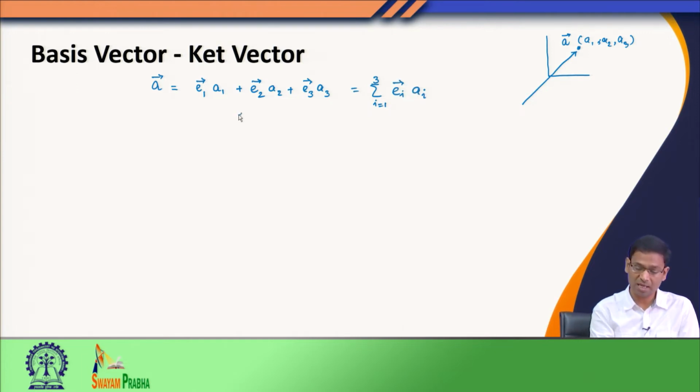These EIs are called the basis vectors or unit vectors. These basis vectors form a complete basis. What do I mean by complete basis? That means using these EIs, that is E1, E2, E3, I can define any other vector in this 3-dimensional space.